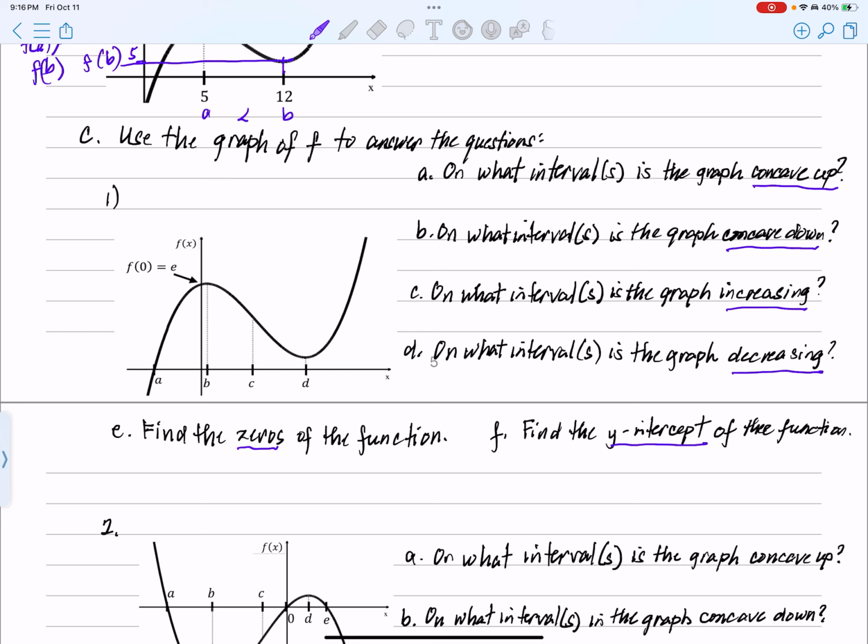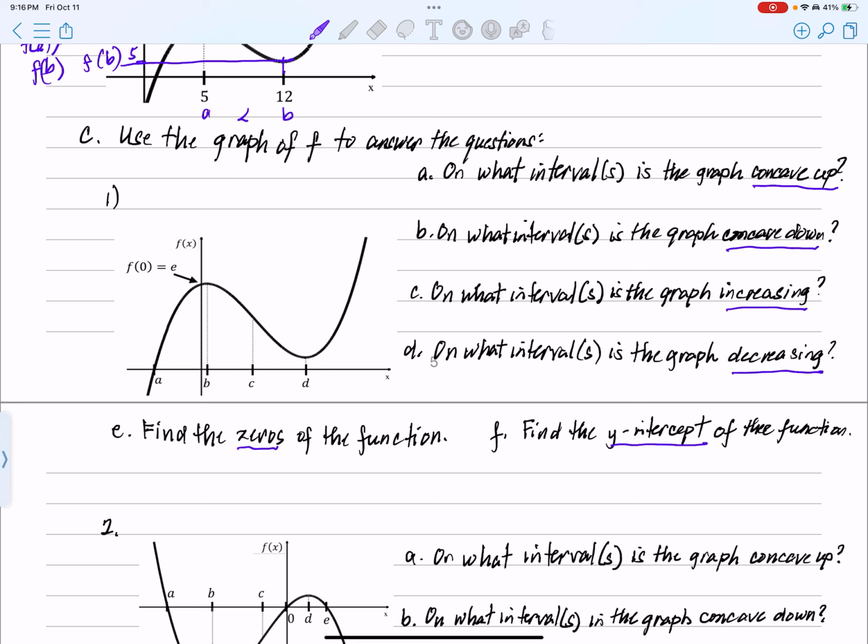These are the very common terms related to this lesson. So don't forget this, because this is very important.